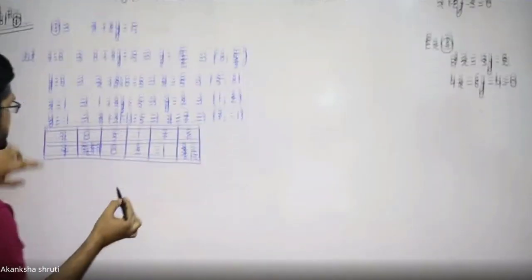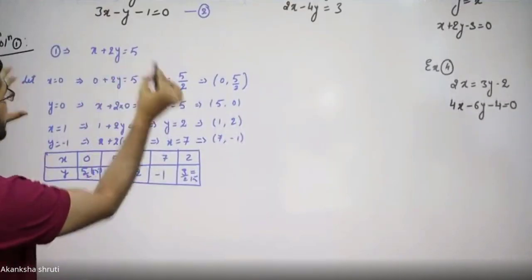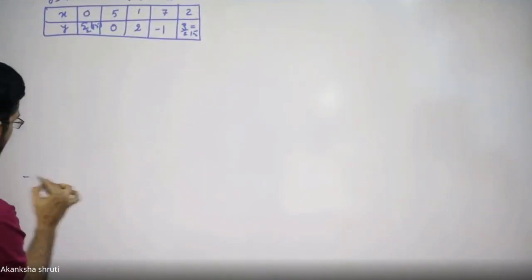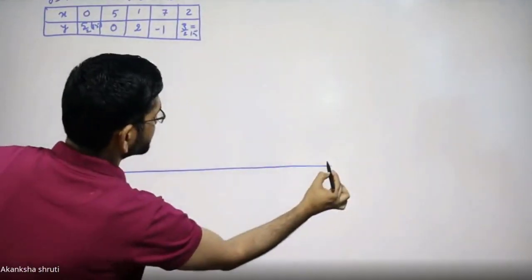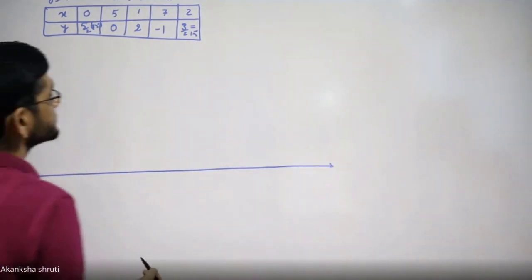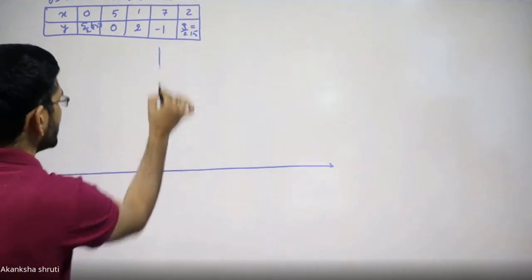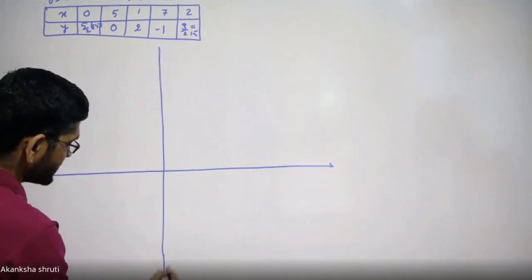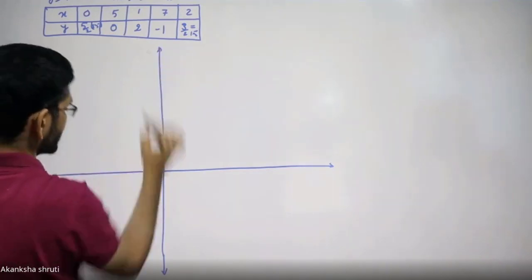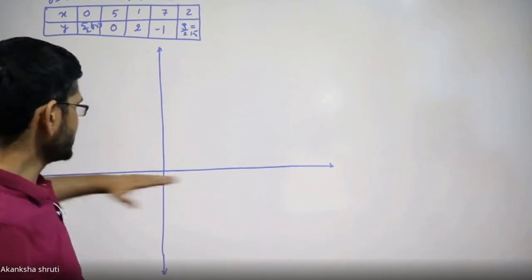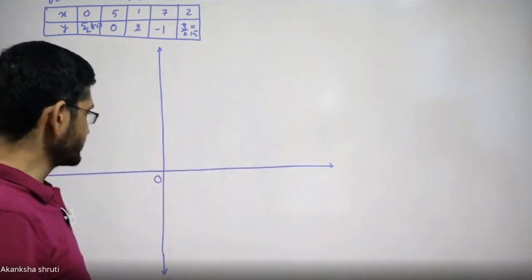Let us plot. So for plotting over the graph, you open your graph paper, draw a horizontal line, choose that as the x, then draw a vertical line, choose that as y. On your graph paper, you take suitably one of the thick lines as x, another as y.